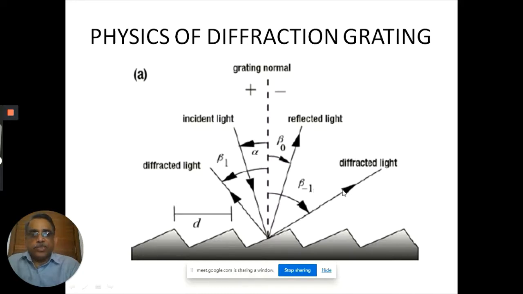Here it is beta -1, here is beta 1. So this is basically a reflection grating, and the d that you are seeing is the spacing between the lines, the interline distance. That is like the d-spacing you see in Bragg's law. That's the way you can look at it, so that it is easier to understand.